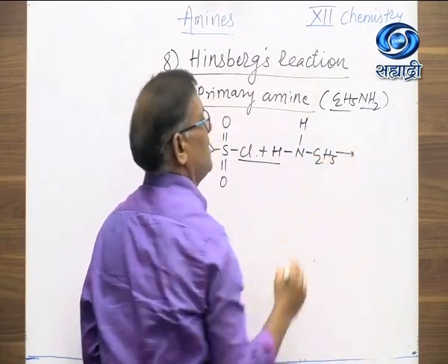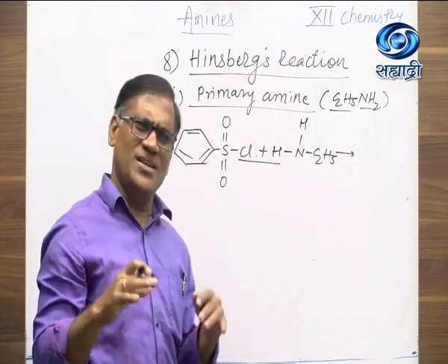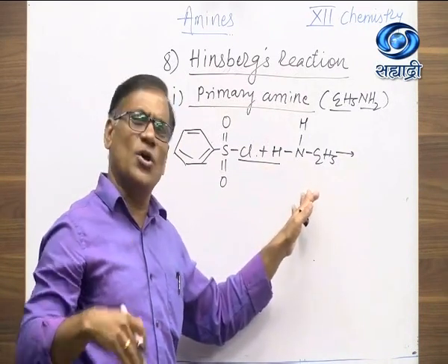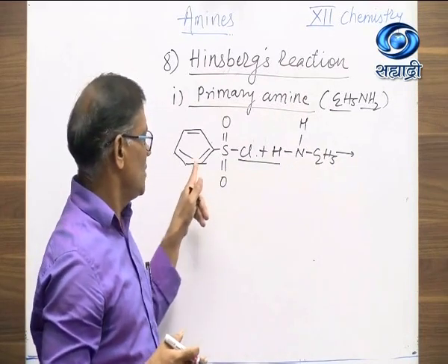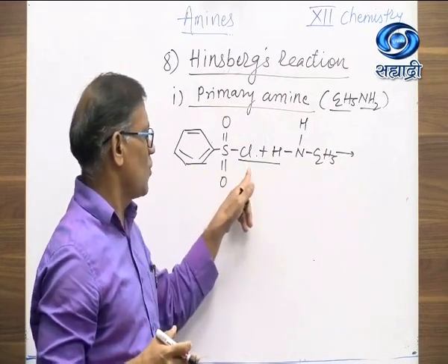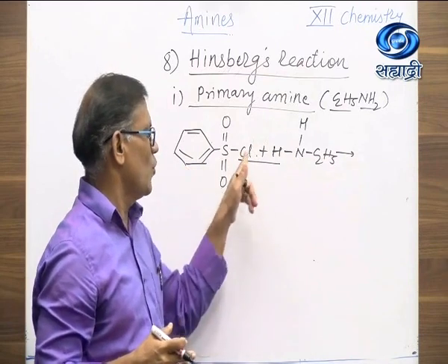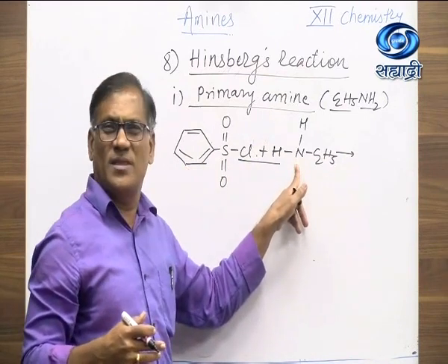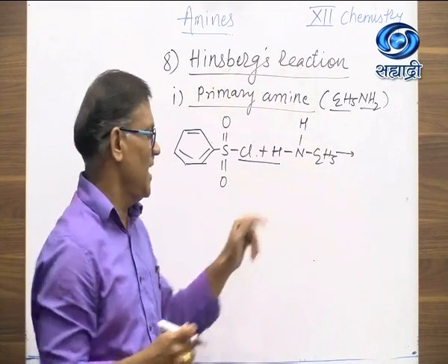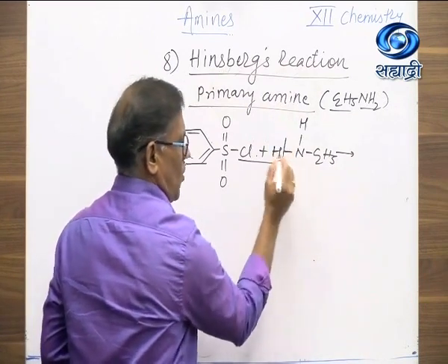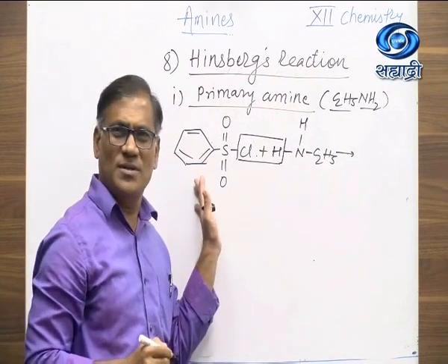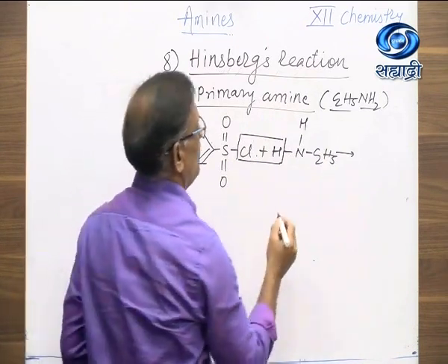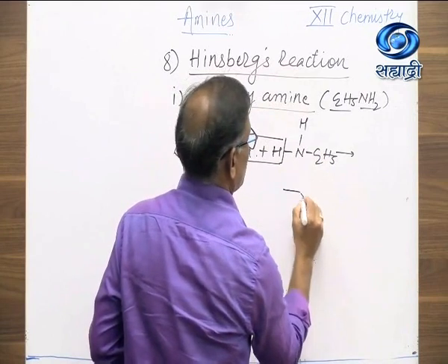So this is primary amine. It is nothing but ethyl amine. You can directly write C2H5NH2, or you can also split. You can also write it this way. So this is benzene sulfonyl chloride or arene sulfonyl chloride, which on treatment with primary amine, that is ethyl amine, this H of ethyl amine combines with Cl of this sulfonyl chloride compound to form HCl, and we get this product.